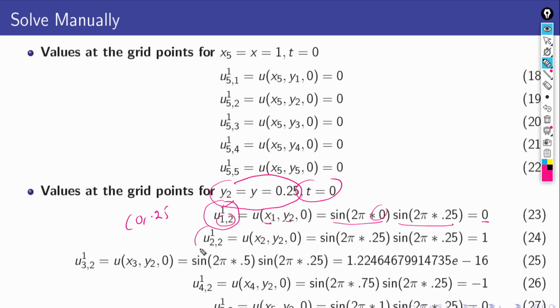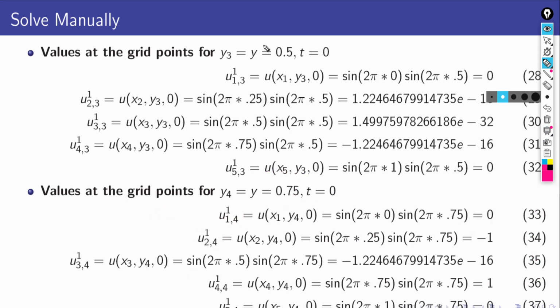Similarly for u122, when you put these values, the value of x2 is 0.25 and y2 is also 0.25, and when you simplify, this will be equal to 1. Similarly, we can get the values of the other expressions, which are quite simple. You can take the help of MATLAB as well as a calculator. So all these values have been computed here for y2 equal to 0.25 and t equal to 0.